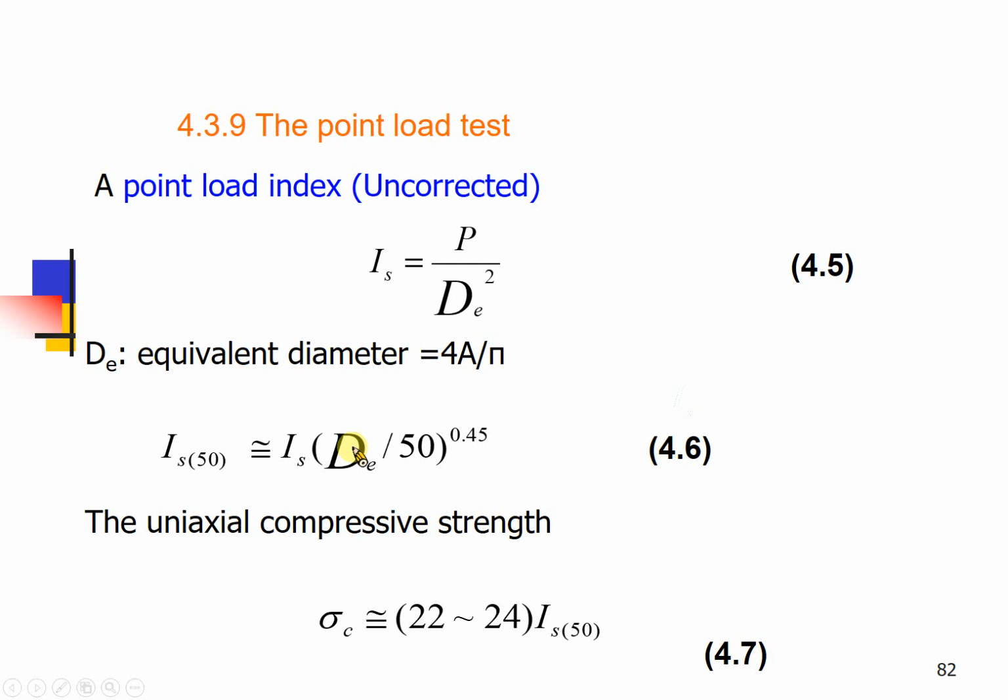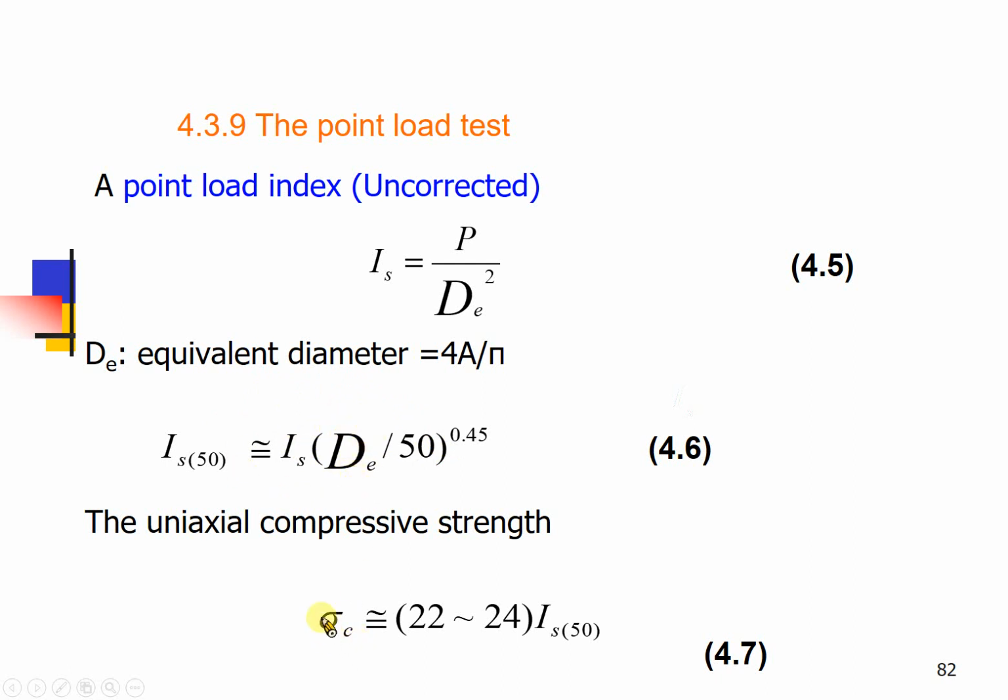Understand? You don't need to make the correction. If the diameter is larger than 50, then you will have a correction factor larger than 1. If you have a diameter smaller than 50, then you will have a factor smaller than 1. Understand? So that will be the correction to the standard size.